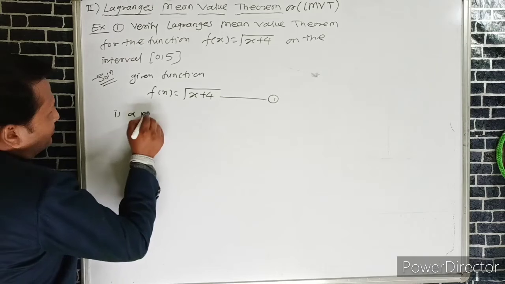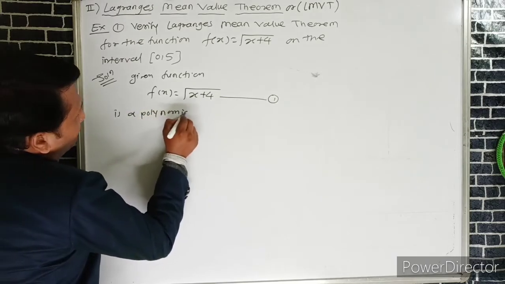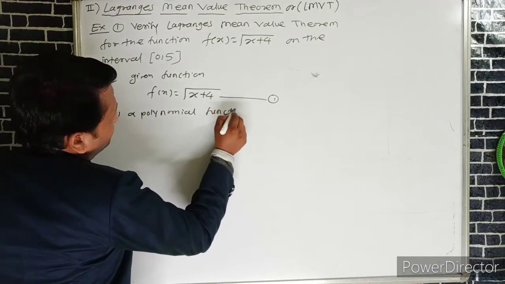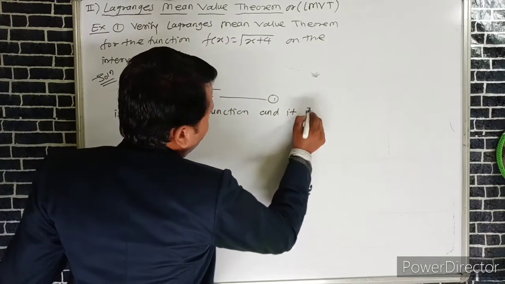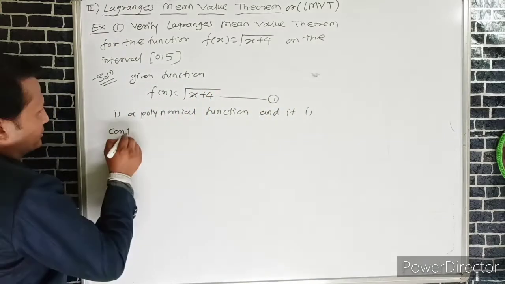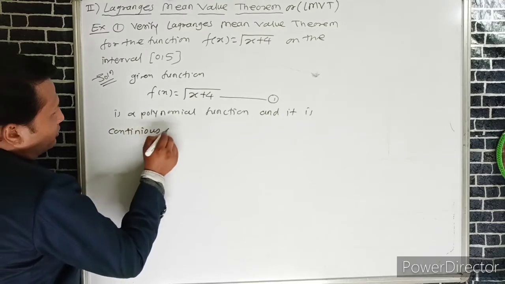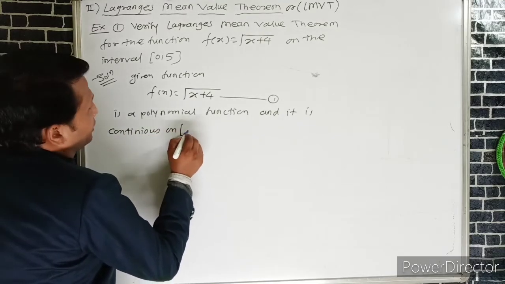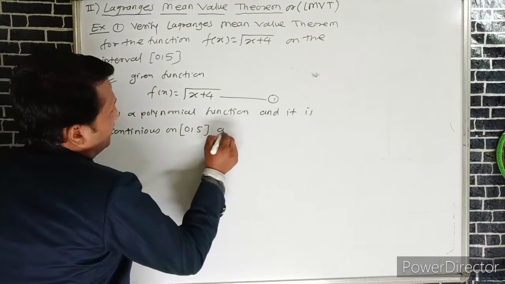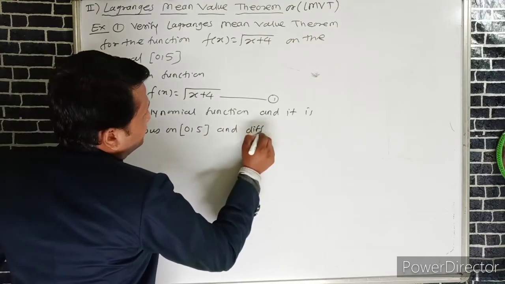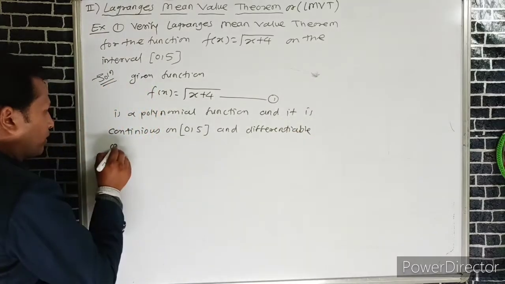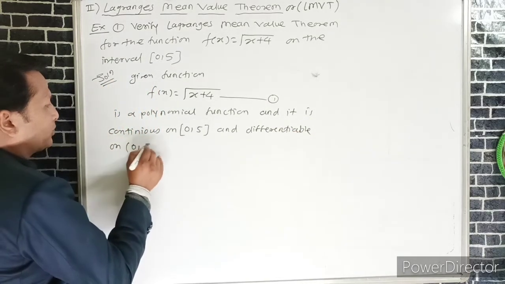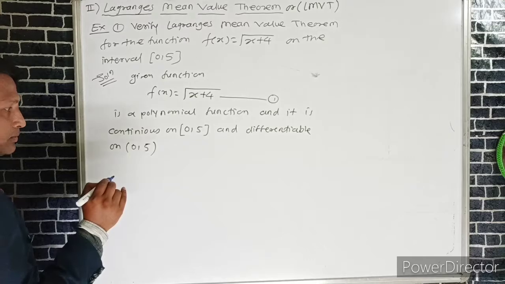It is a polynomial function, and it is continuous on the closed interval 0, 5 and also differentiable on the open interval 0, 5.